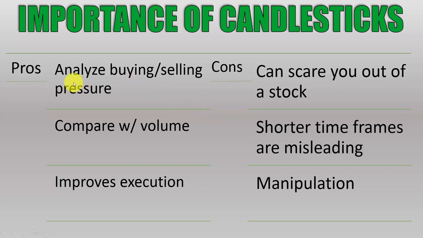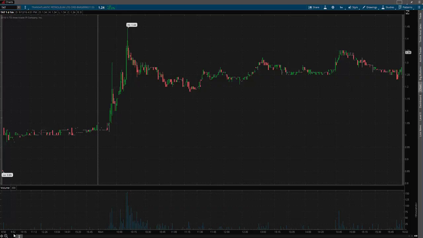So let me show you an example. So here we have a stock that I traded today, just a quick scalp, quick day trade, in and out on the long side. So made some good money off of it. There was a decent amount of liquidity, not a whole lot, but enough to make a quick couple $100. And regardless, it was a nice chart setup.